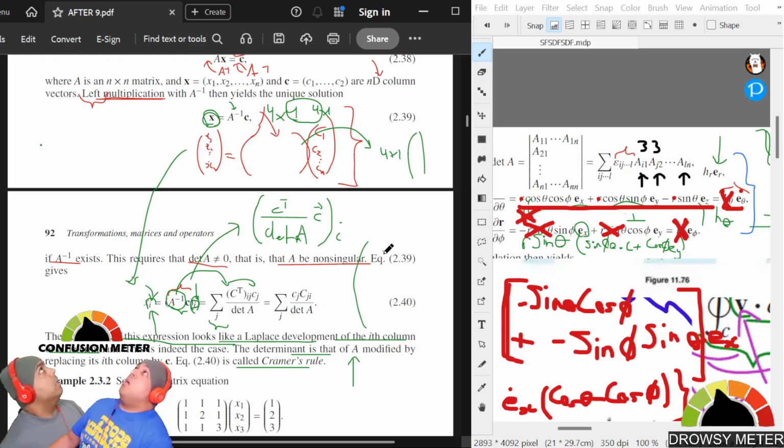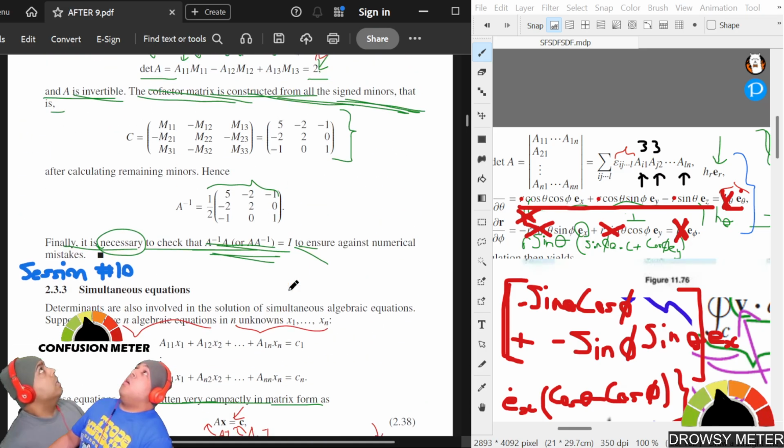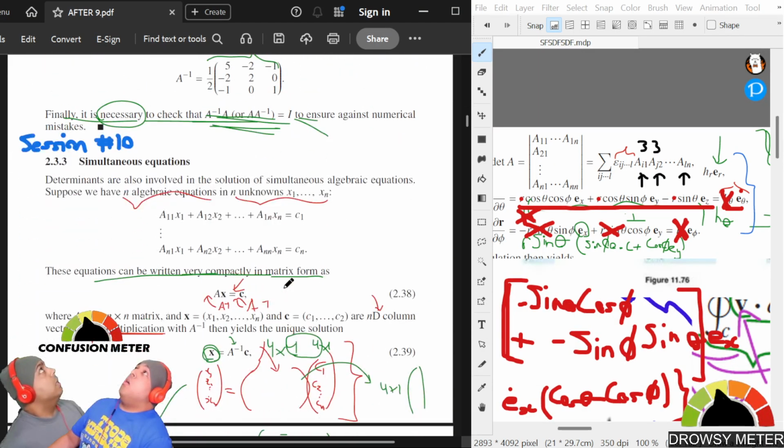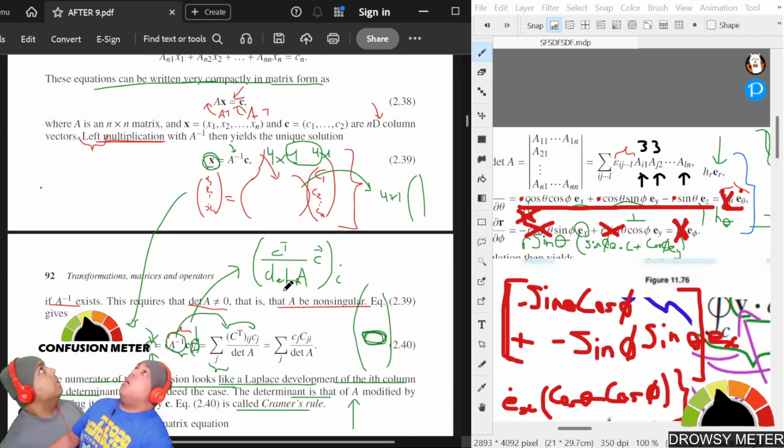We try to find out one single unknown. How do we get one single unknown? A inverse. I think I'm getting closer. So let's fill in these things, 1, 2, 3, 4.